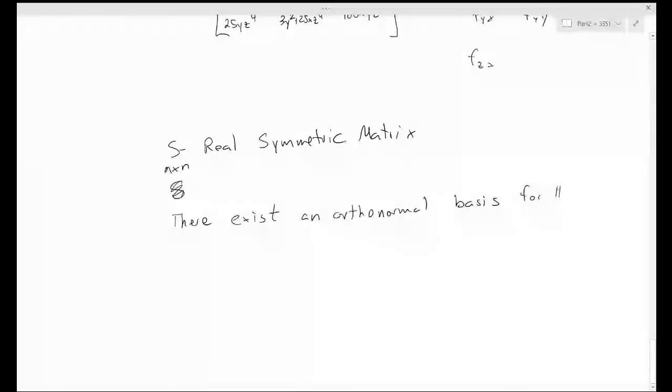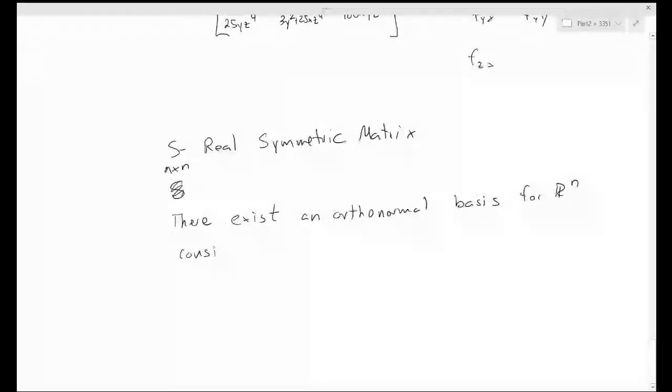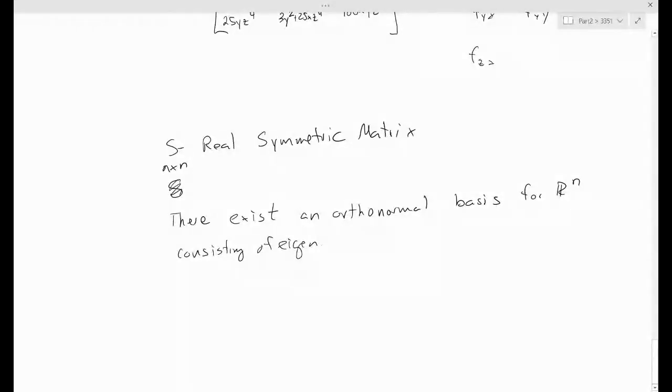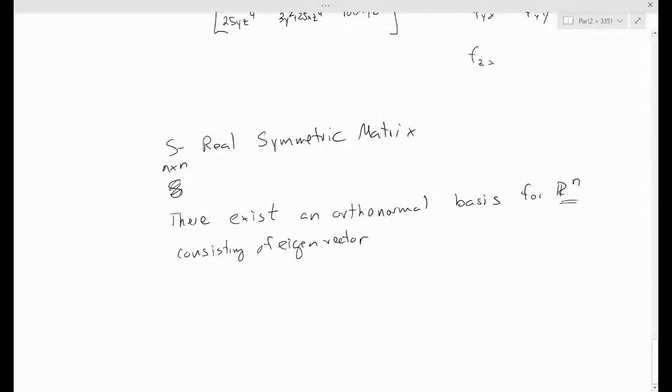For Rn, an orthonormal basis consisting of eigenvectors for matrix S. So in other words, you can create a nice basis for Rn just using eigenvectors of the matrix S.